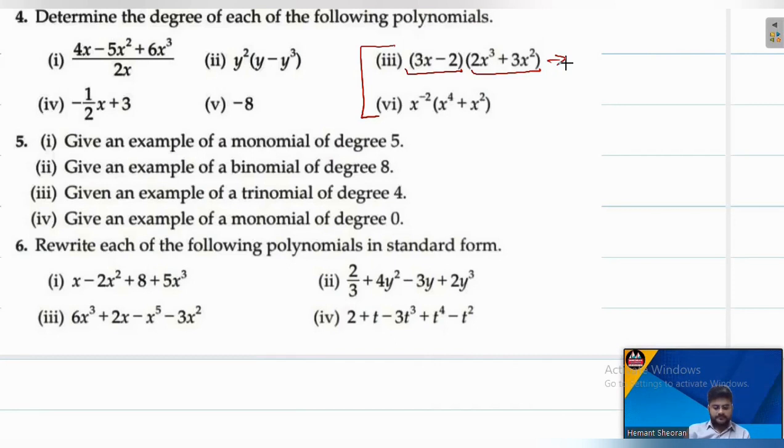So the first question, the third part. Did you get any answer, Darshil and Ahana?